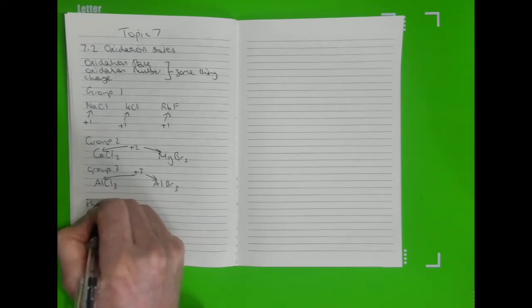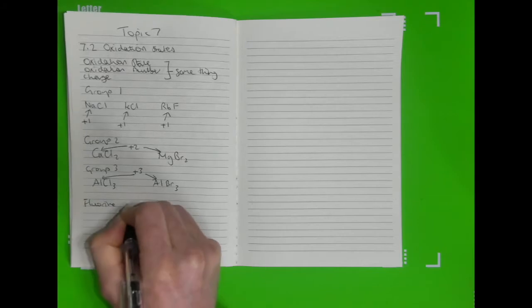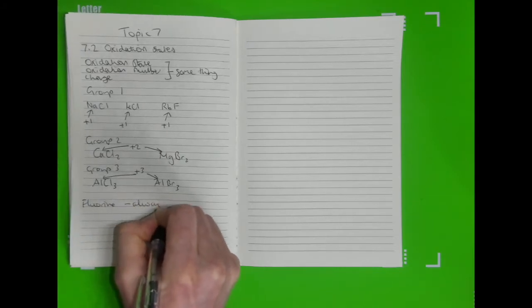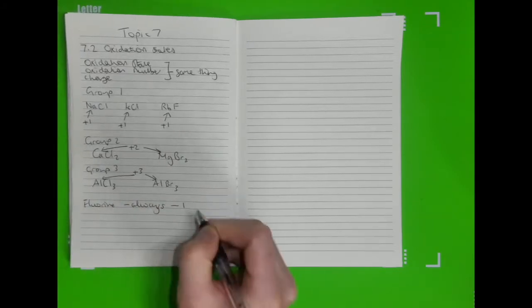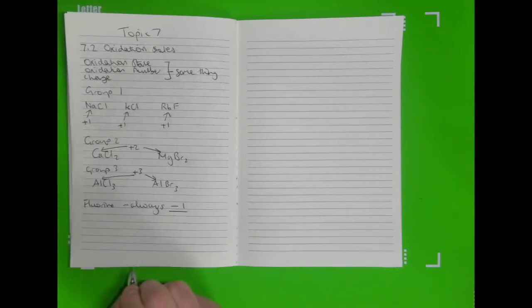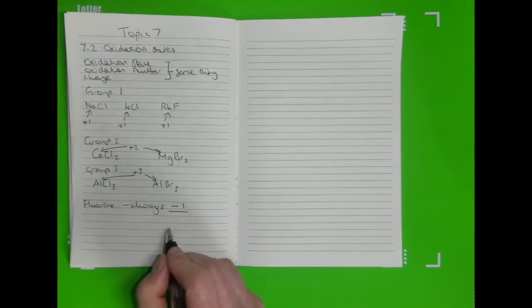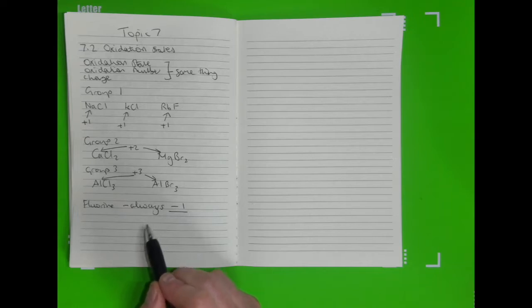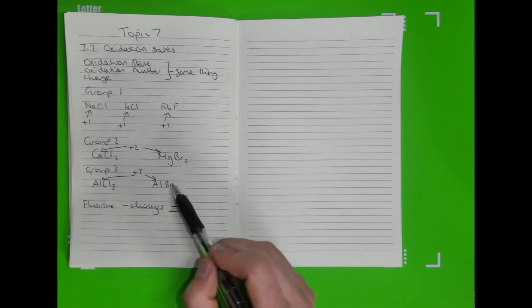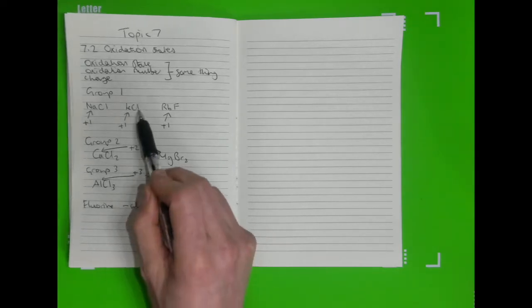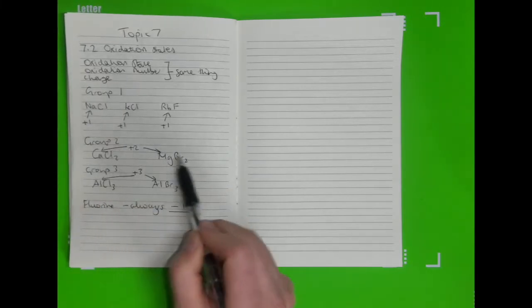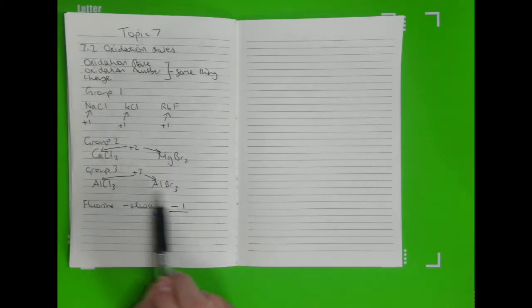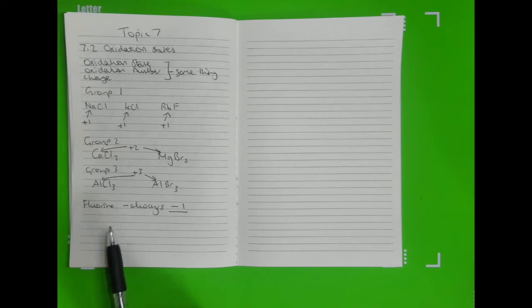Fluorine is always -1. Now that does not apply to all other group 7 elements. Group 7 elements are not always -1. In all of these ones, the group 7 elements are in fact -1, but there are quite a lot of compounds where the group 7 element is not -1.